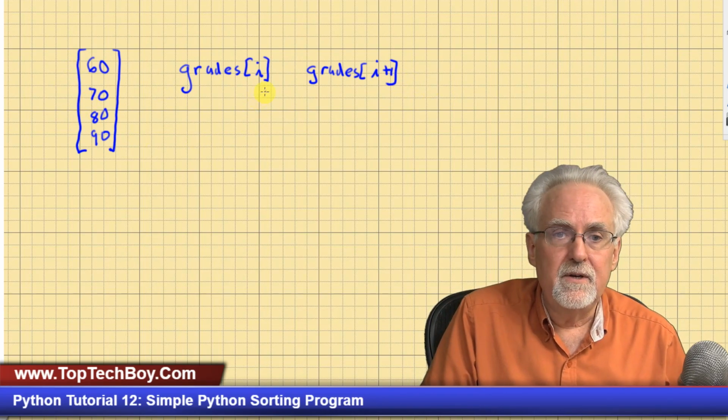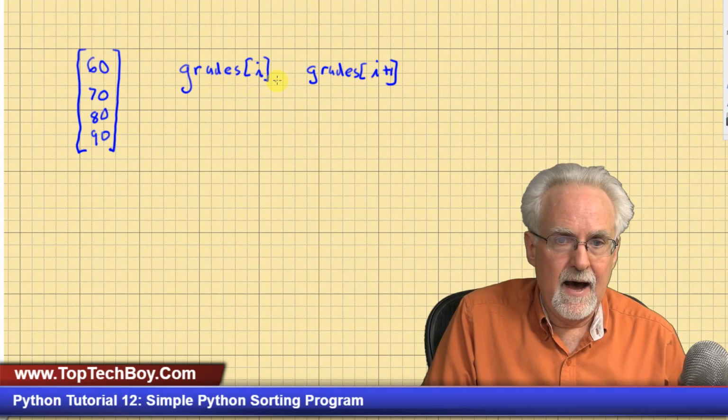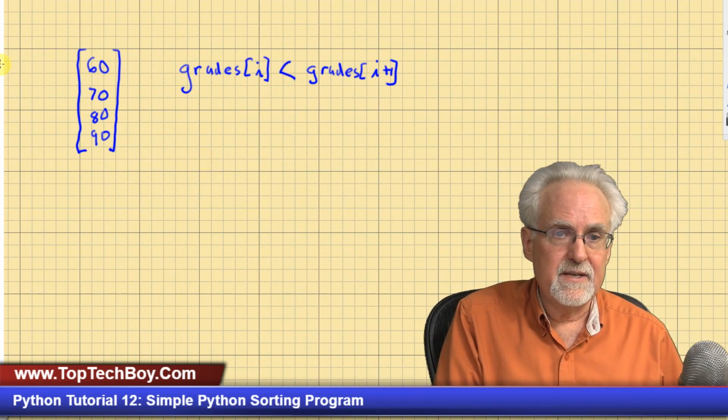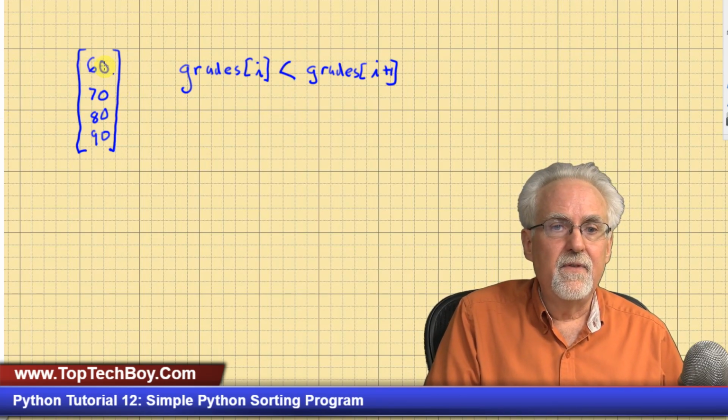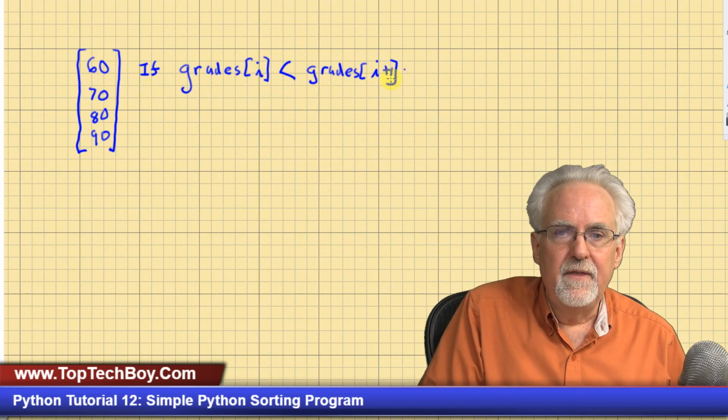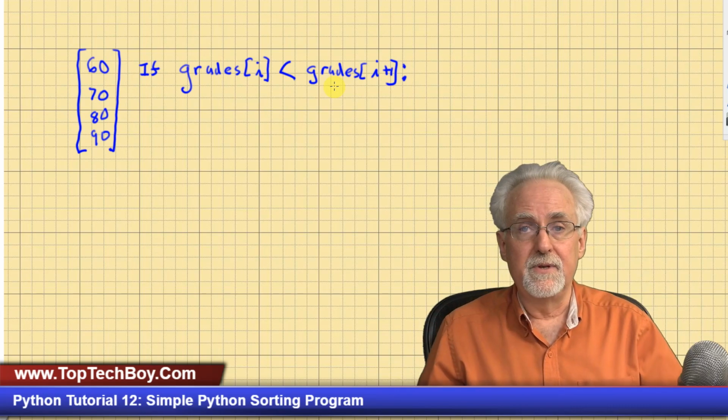Well, what do you want to do? Well, if grades of I is less than grades of I plus 1, as it is here, then those are in the wrong order. So we're going to have an if grades of I is less than grades of I plus 1, then what we want to do is we want to swap their positions.